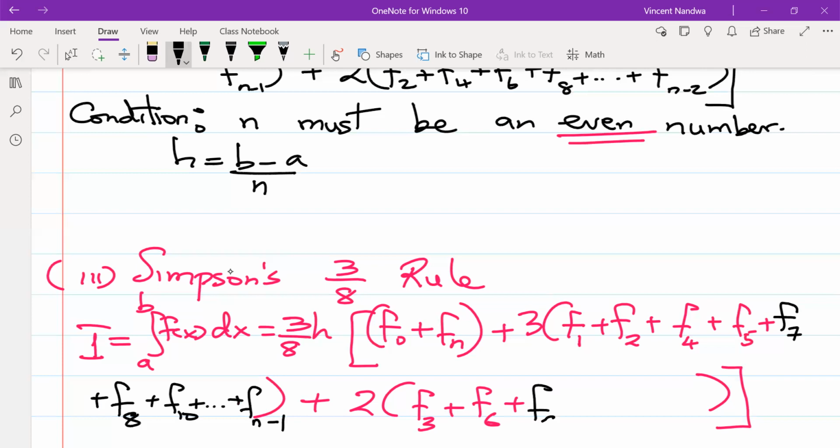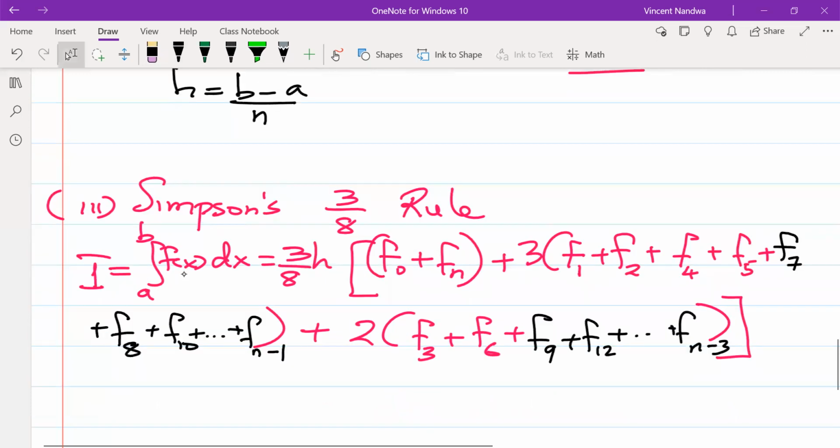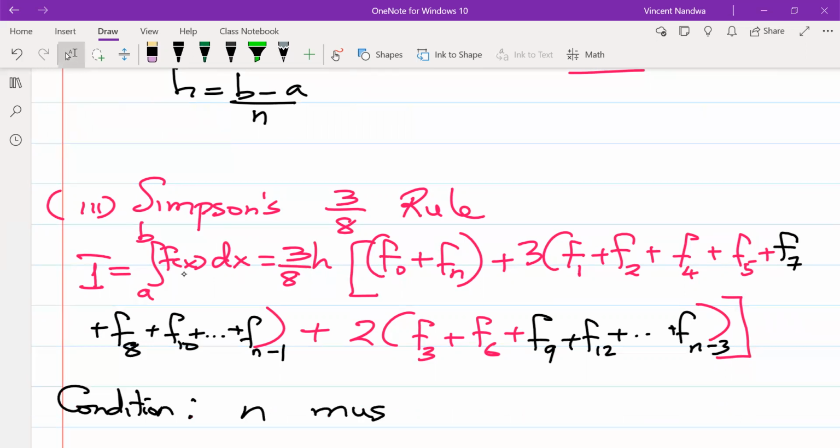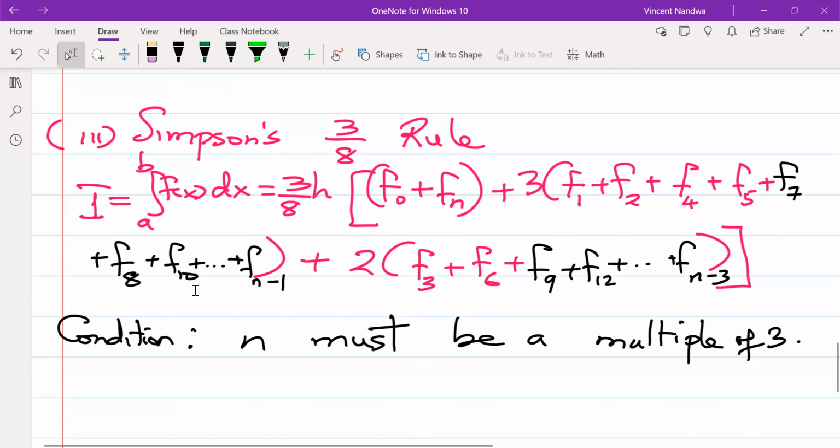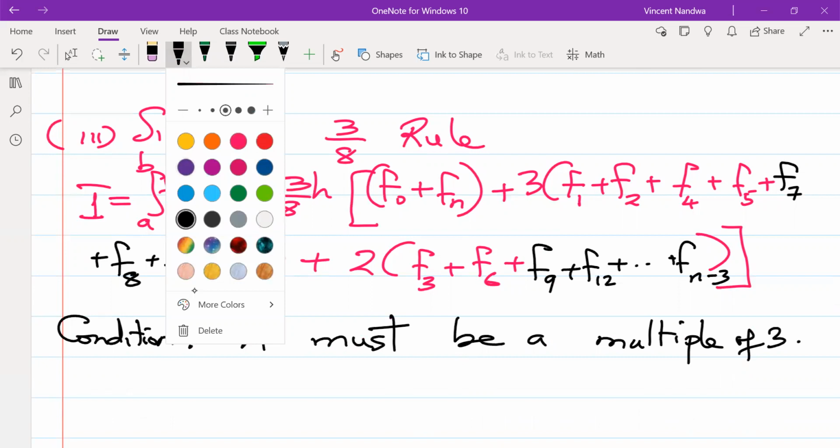And then this will be f9, f12, all the way plus fn minus 3. And for you to apply this, there is a condition: n must be a multiple of 3. So that should be very clear before you apply either of these 2 Simpson's rules.